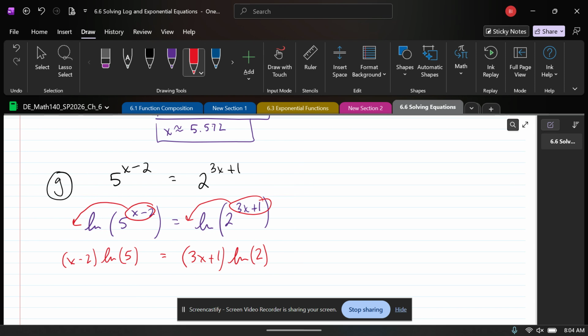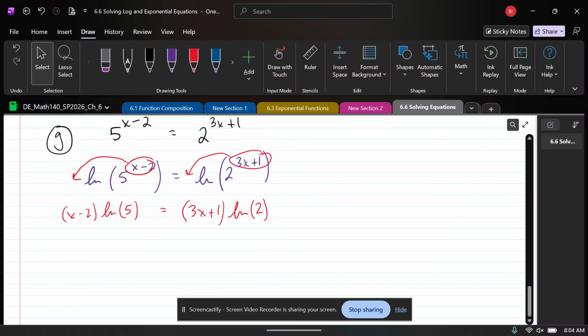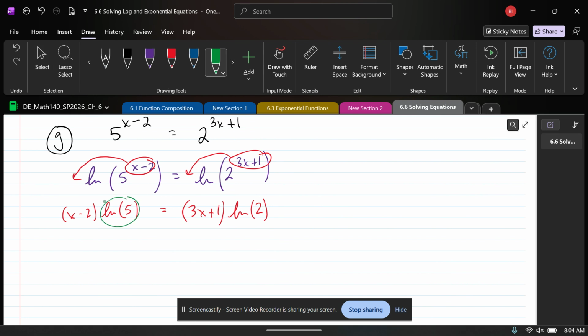Okay. The next step is to use that multiplication then to distribute this natural log of 5 to that stuff, and distribute this natural log of 2 to that stuff. Okay, so natural log of 5 is a number, so we're just distributing a number.